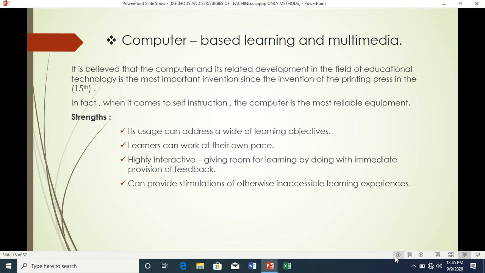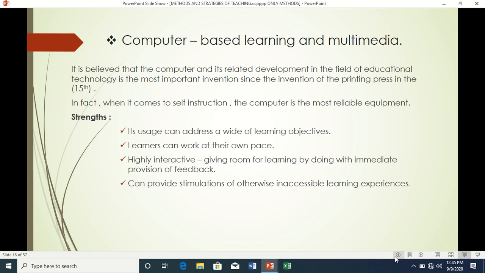And it can provide simulations also. Actual classroom situations, the computer can be used to do that. And something that could not have been accessible, the computer presently makes accessible for learning experiences.